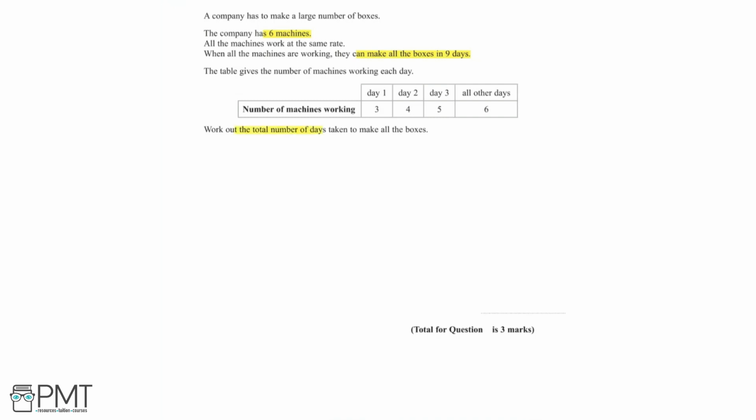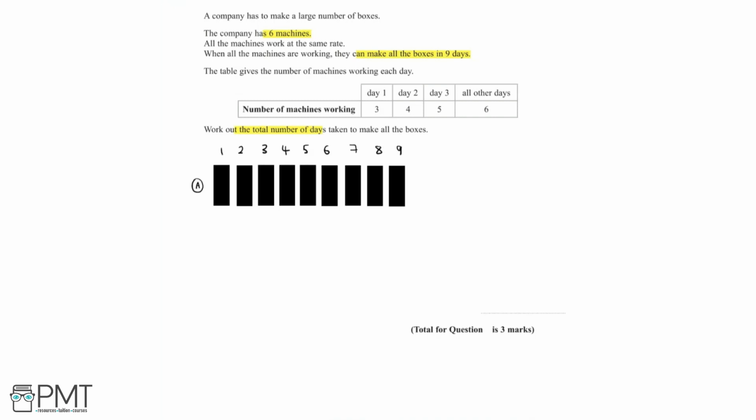Now this can be a difficult question to wrap our heads around, and so we can use a diagram to help us explain this. So the company has 6 machines, and so if 6 machines are working each day, all of the boxes can be made in 9 days. And so let's take a look at diagram A. We have the numbers at the top representing each day. We have day 1 all the way through to day 9.